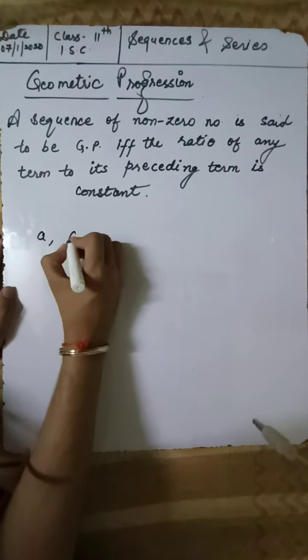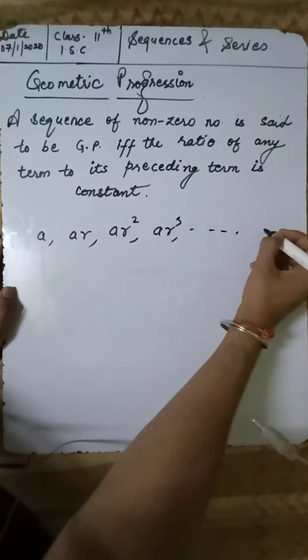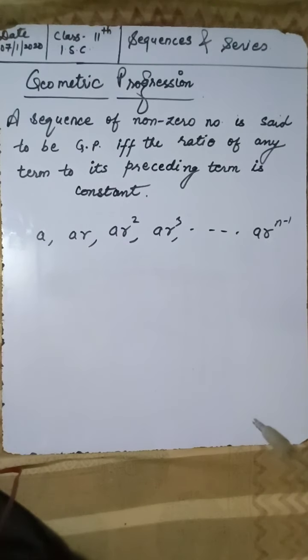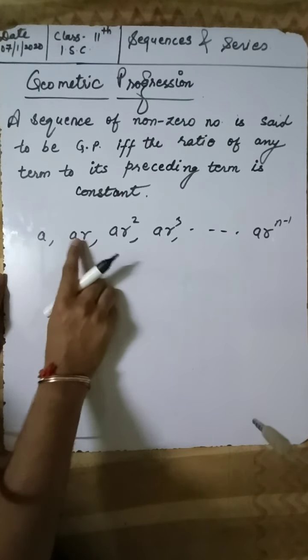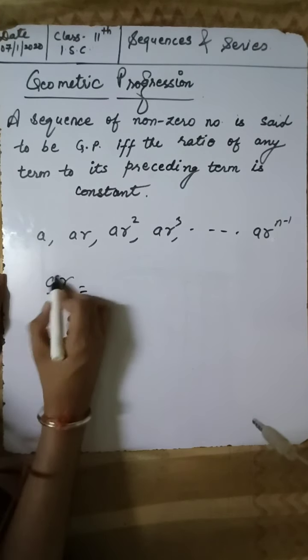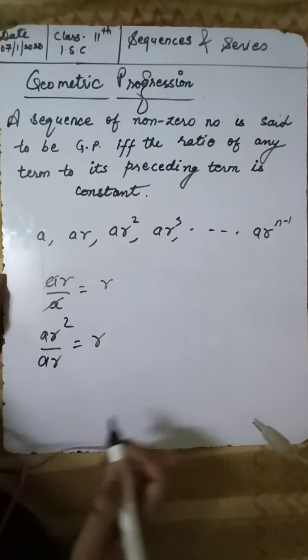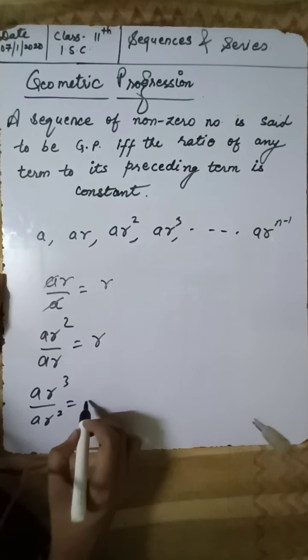We discussed the definition of geometric progression and the formula for its general term. A sequence of non-zero numbers is said to be a geometric progression if and only if the ratio of any term to its preceding term is constant. For example, a, ar, ar square, ar cube, and so on up to ar to the power n minus 1. Here ar upon a, ar square upon ar, ar cube upon ar square is r.